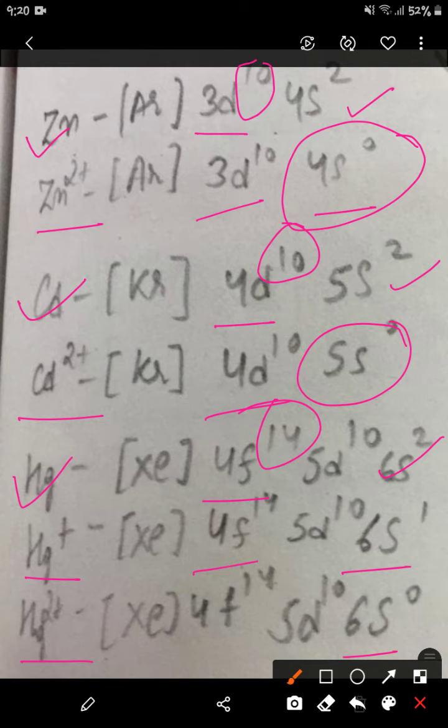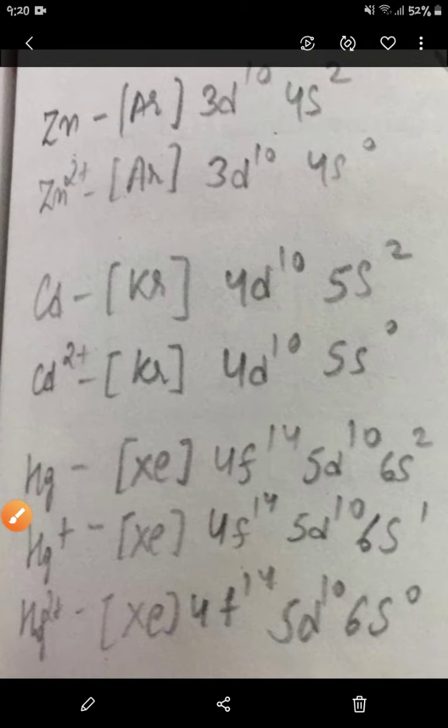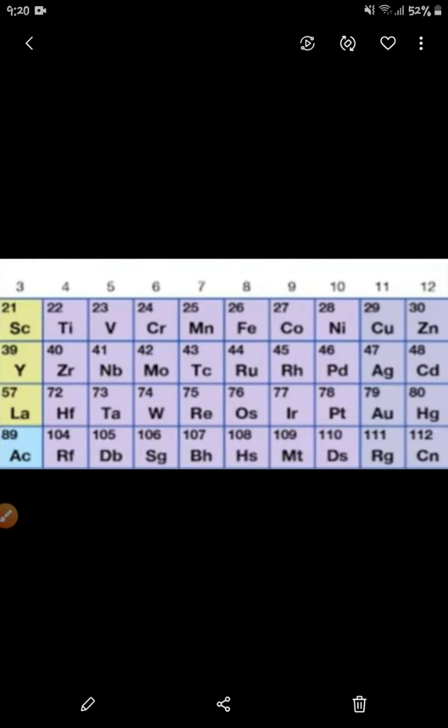So these Zn, Cd and Hg are not fulfilling the condition that is given in the definition. So these are not considered as transition elements, or we can say that these are known as pseudo transition elements.